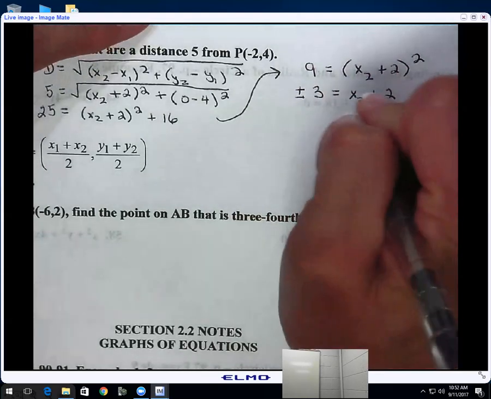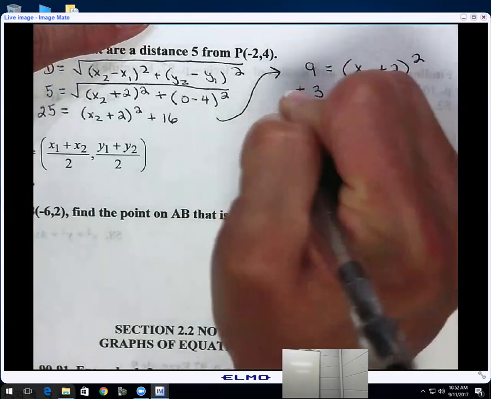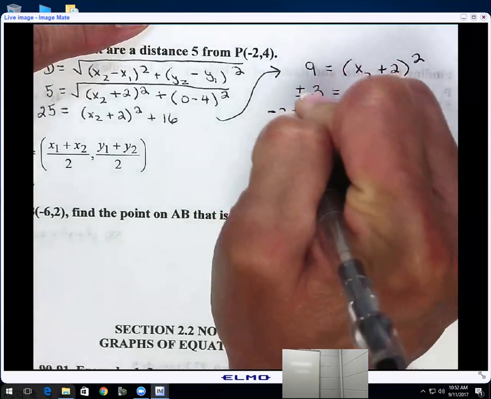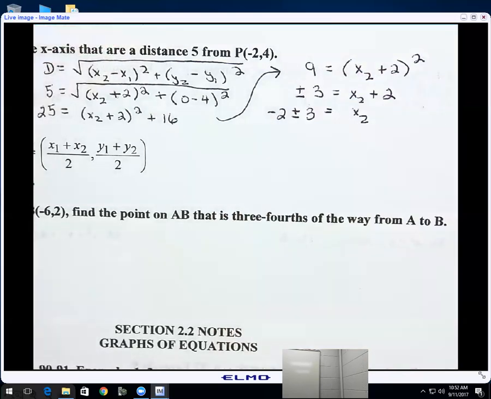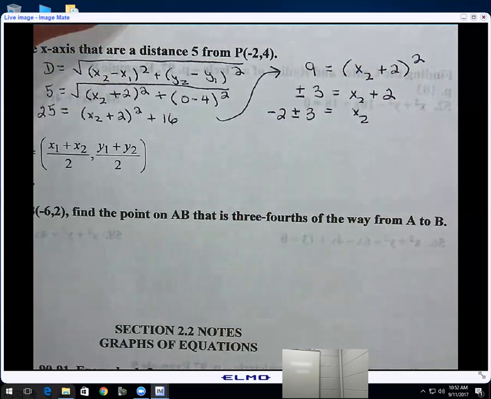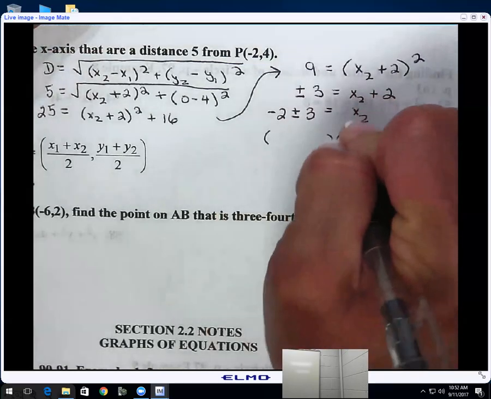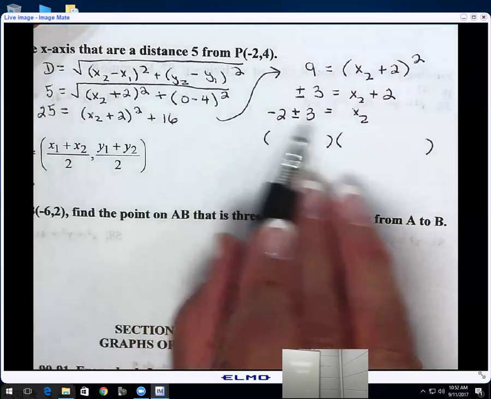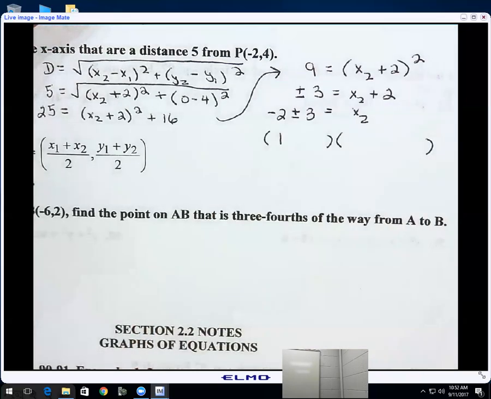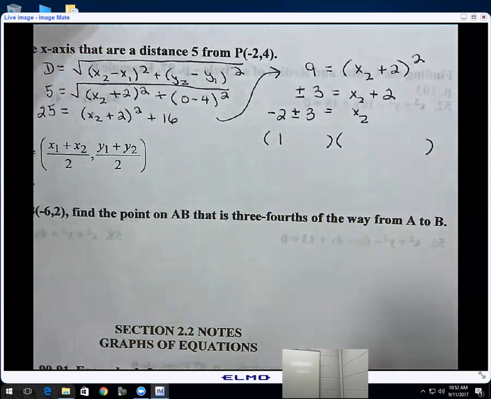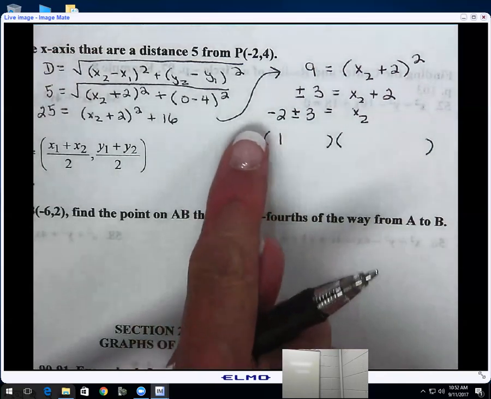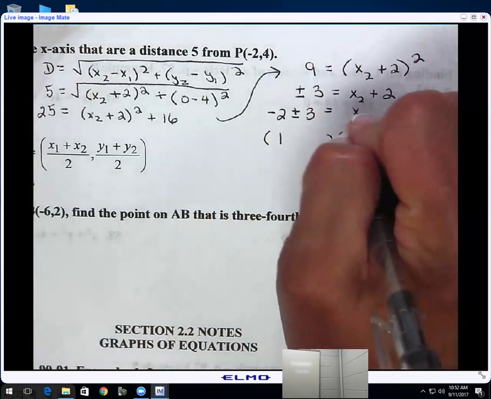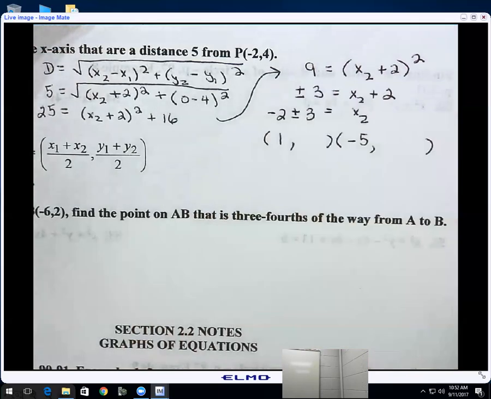So x2 equals negative 2 plus or minus 3. That means one of my ordered pairs, the x is negative 2 plus 3, which is 1. And the other ordered pair, the x is negative 2 minus 3, which is negative 5.